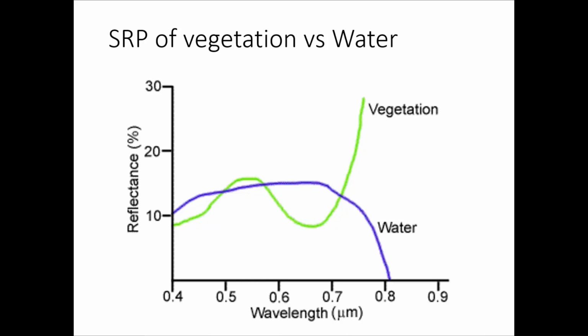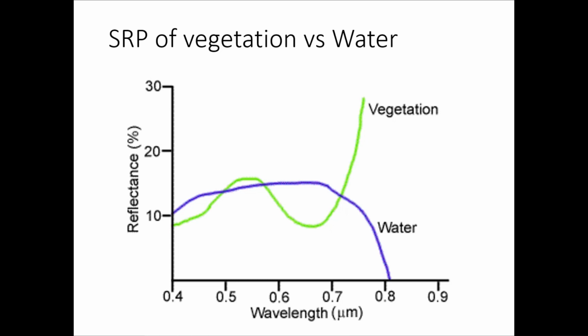How the spectral reflectance pattern of plants works. We saw why leaves look green and why their color changes in some seasons to brown, yellow, or reddish. We saw those characteristics yesterday, right? And water has good reflectance in the shorter wavelengths and higher absorption in the longer wavelengths.